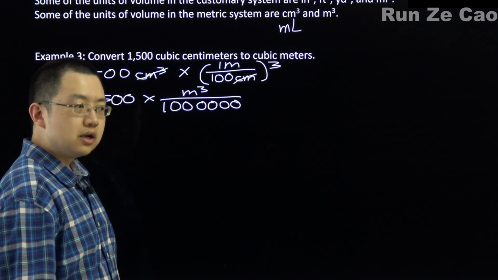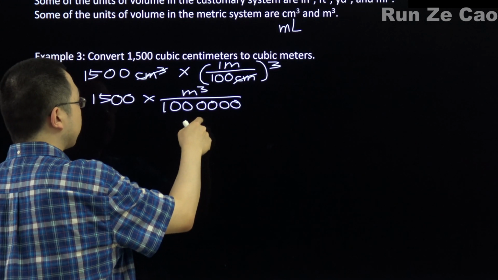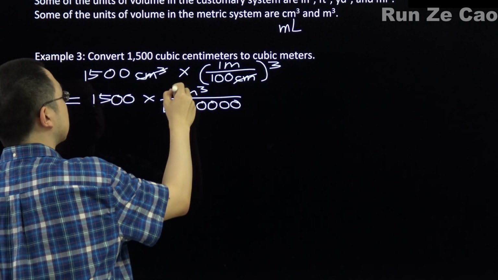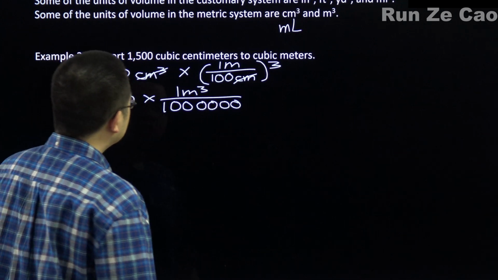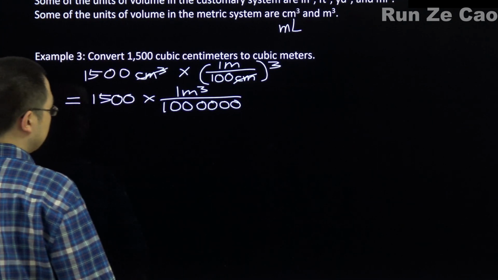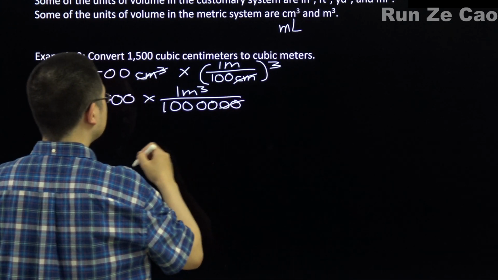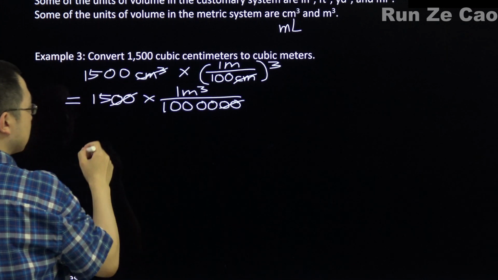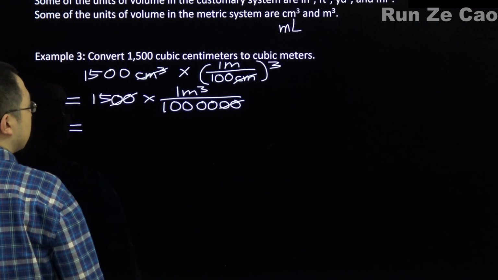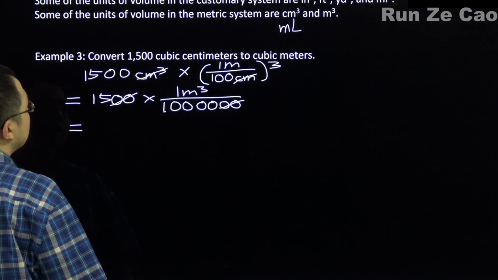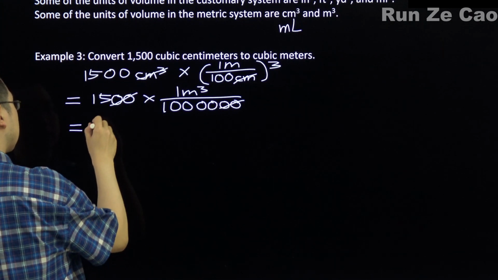And 1,000,000 cubic centimeters equals a cubic meter. So, when you multiply, you end up with, let's use decimals.